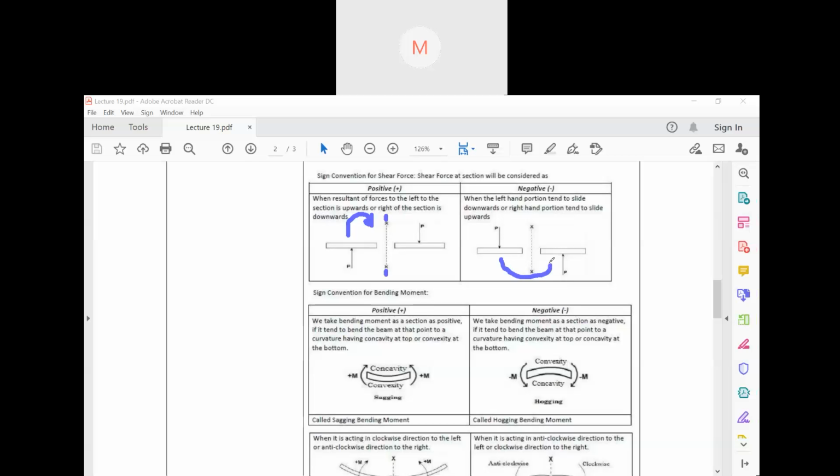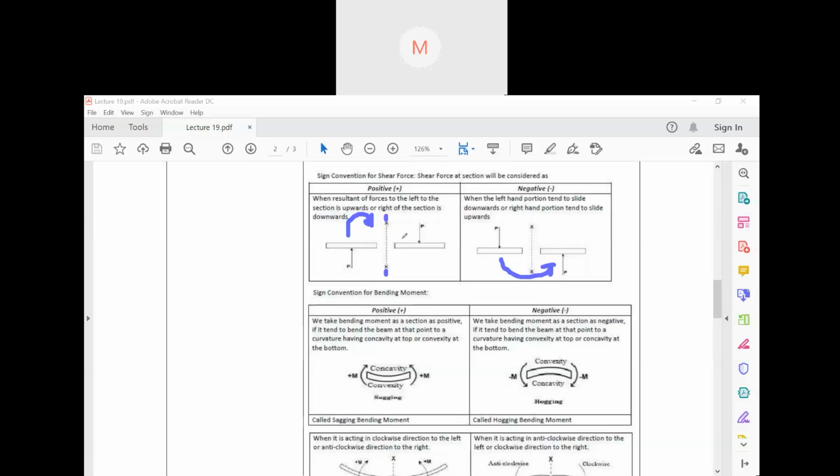So in clockwise, it is positive. And similarly, if you can see here, this is coming down and this is going up, so this is anti-clockwise.